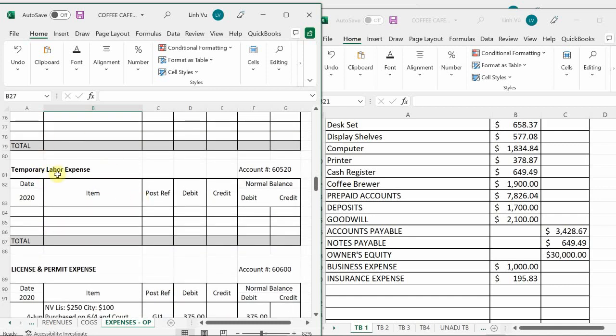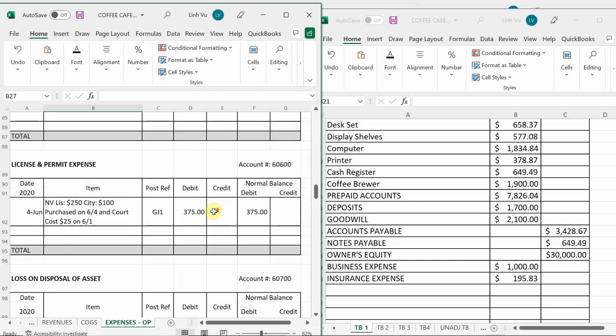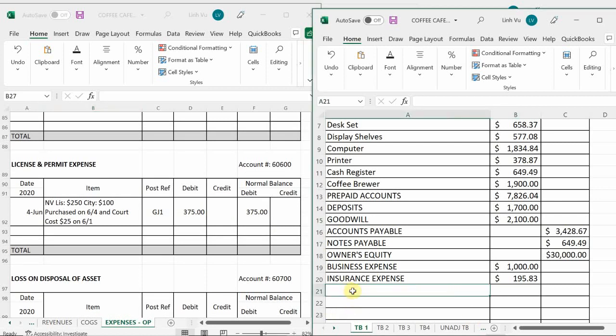So in this case, no expense there. However, I did have a license and permit expense. I needed to buy a license in order to start up my business. And how much was that for? $375.